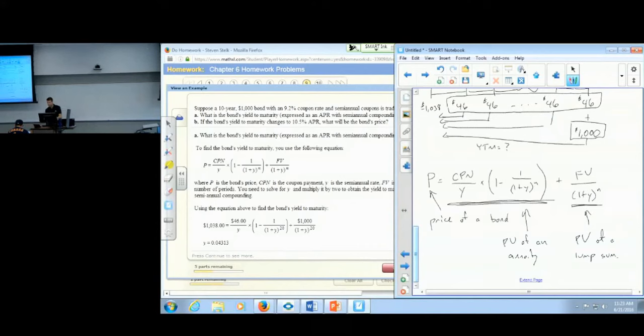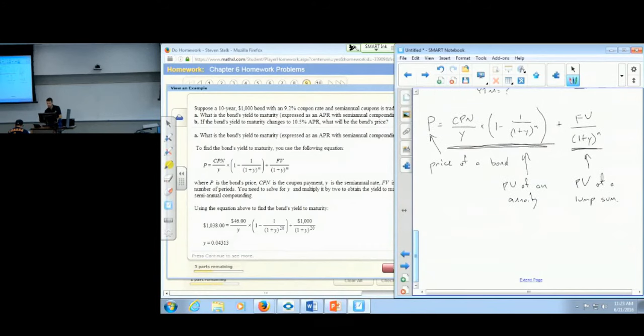Well, I have good and bad news for this one. Let's plug in to this formula what we already know. For this bond, we know the price. We know it's $1,038. We know the coupon payment, that's $46. What we don't know is the yield to maturity, so I'm going to leave that as the variable y. And that's times the quantity 1 minus 1 over 1 plus y raised to the 20.